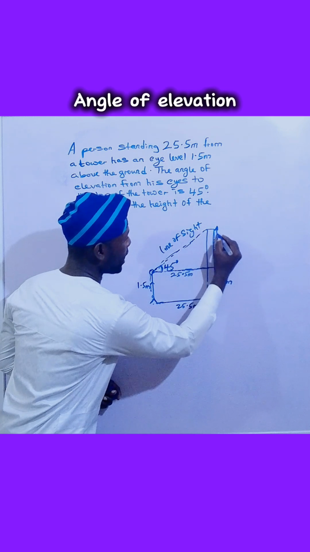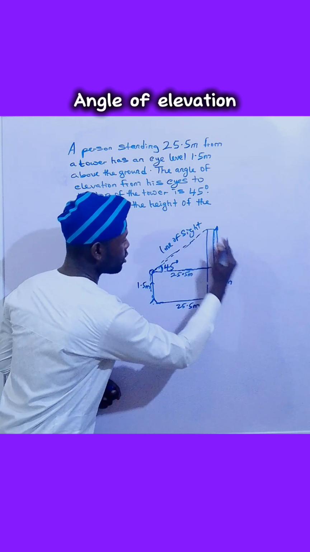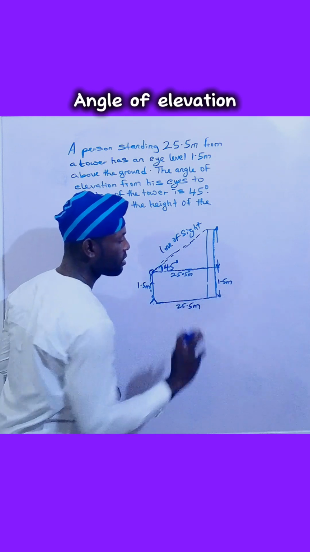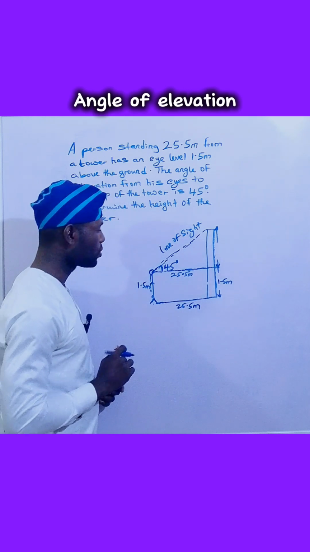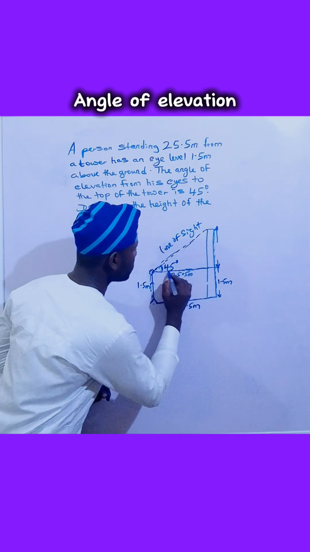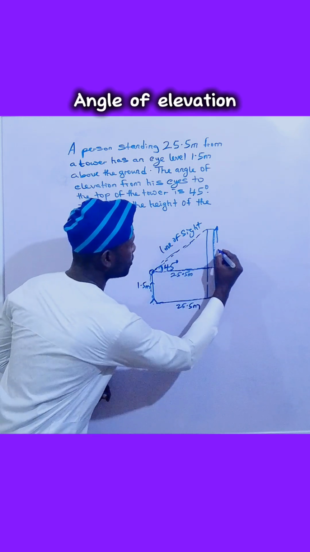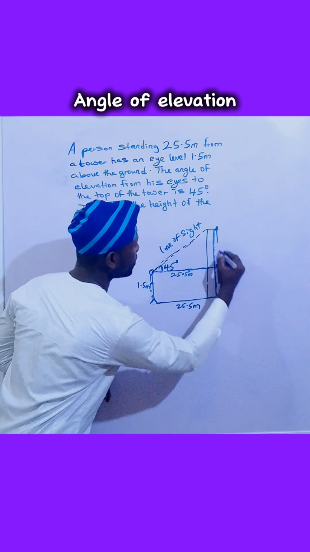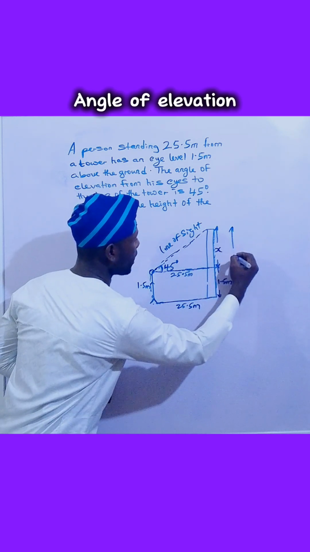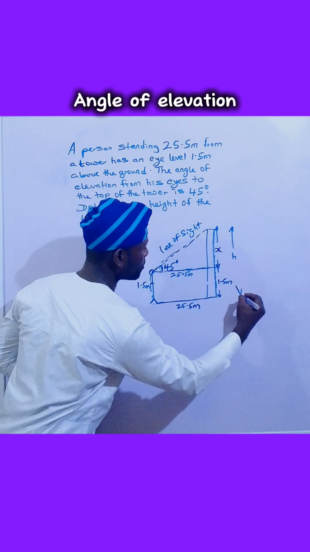If we can determine this part and add what we have here, we have the height of the tower. Let's consider this triangle. From here to here, let's name it X.